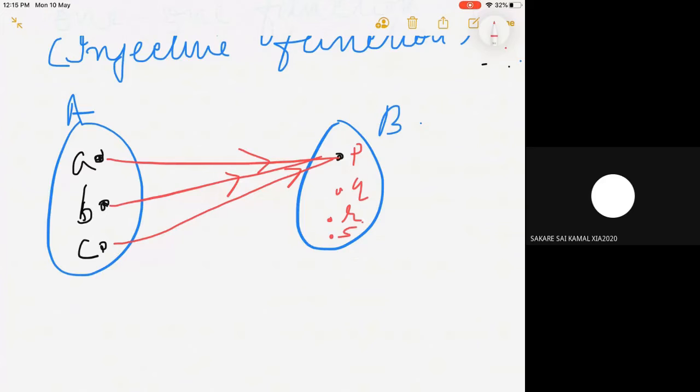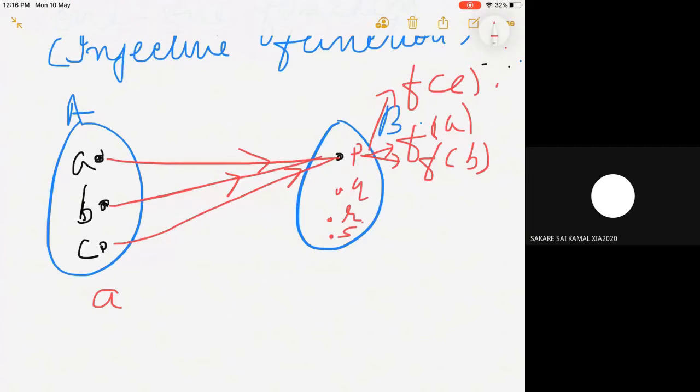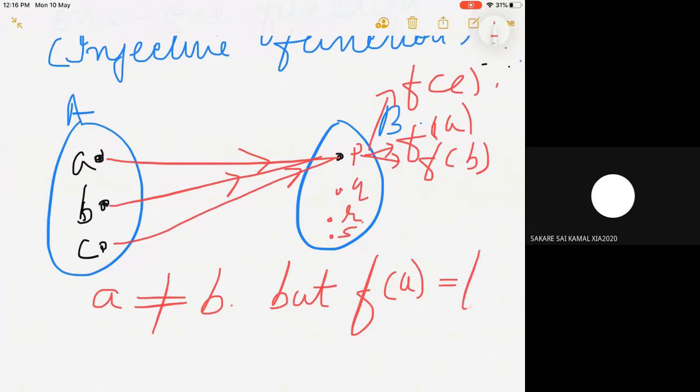A, B, C, all these elements of A have got the same image, P. That is, P is the same as f(A), and this is also the same as f(B), and also the same as f(C). So in this case, whenever A is not equal to B, we can see that the images are the same: f(A) is equal to f(B). In such cases we say that it is a many-one function.